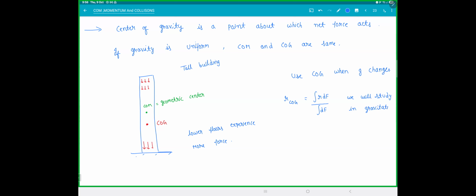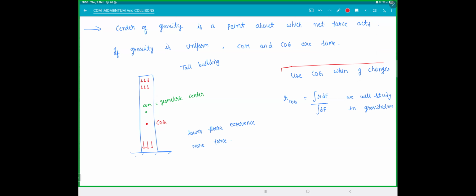If you make F equal to mg, you will get the same formula. g will cancel, and you get integral R dm by dm. Technically, center of gravity is more powerful, a much better one than center of mass. Center of mass will work only when gravity is constant. Center of gravity works anytime.